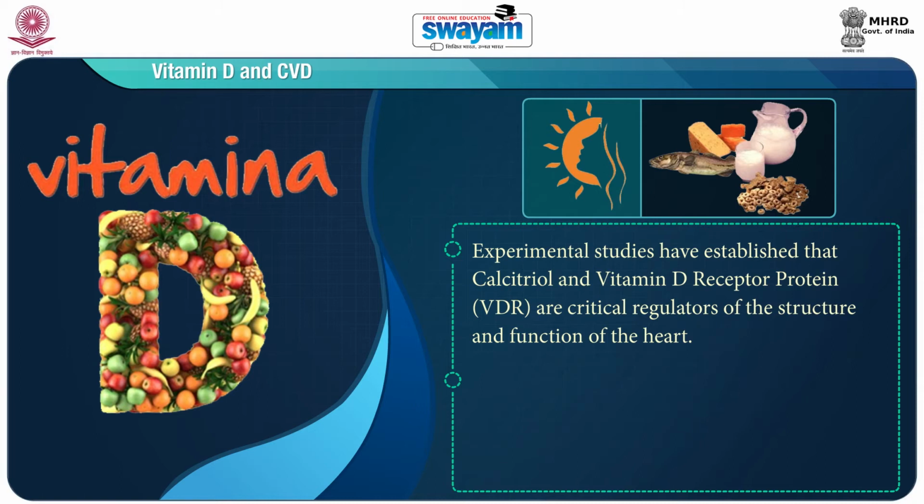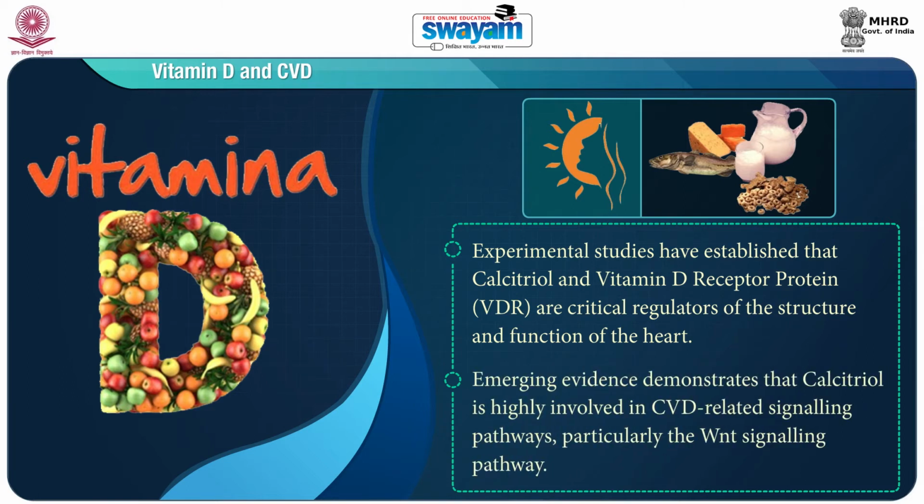Experimental studies have established that calciferol and vitamin D receptor protein are critical regulators of the structure and function of the heart. Emerging evidence demonstrates that calciferol is highly involved in CVD related signaling pathways, particularly the Wnt signaling pathway.